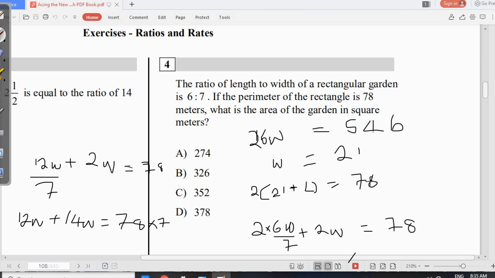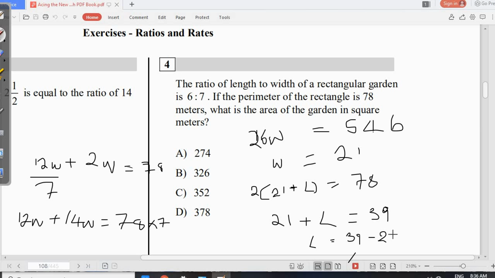When you solve this, from 2 times (21 plus L) equal to 78, you'll be having 21 plus L equal to 39, moving the 2, dividing by 2, and then L equal to 39 minus 21, which gives you 18.